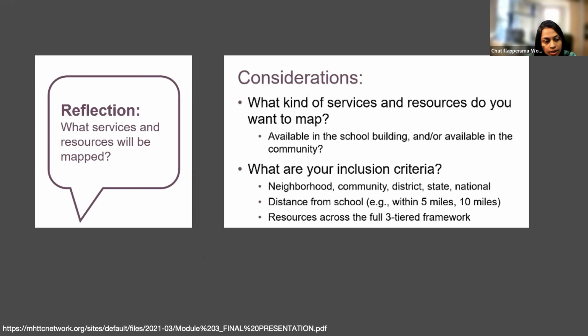What's the proximity of these resources? If you're thinking about neighborhood and community, do you want it within 5 miles of your school? Do you want it within 10 miles? It's important to think about your existing student population and their families, and what resources they have. And resources across the three tiers, the tier system that I showed in the previous slide. Do you want to start off at tier 3?